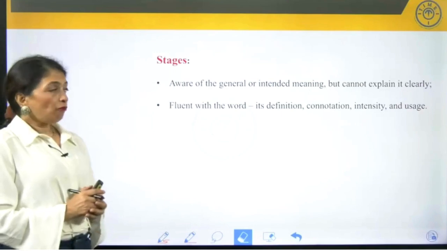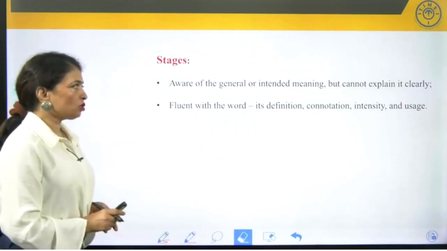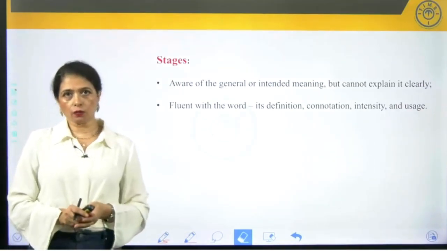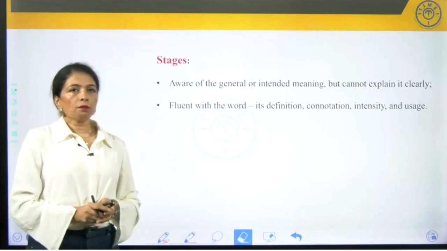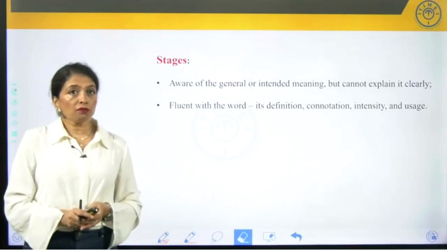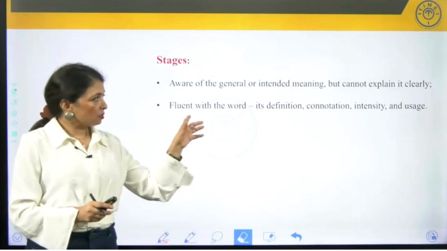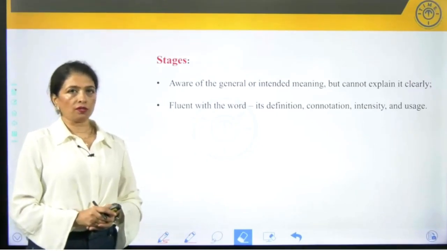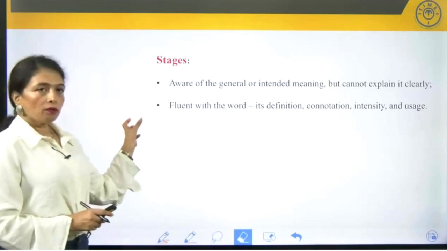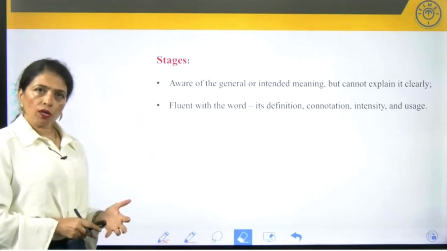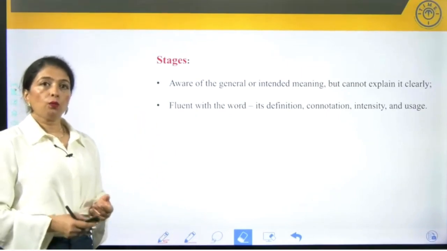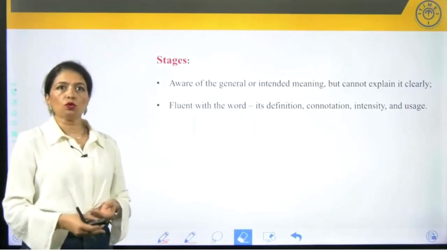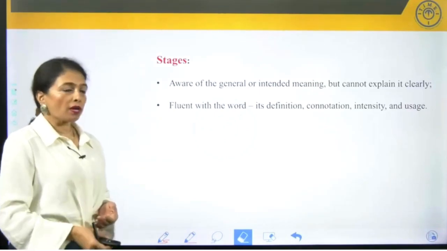And then you are fluent with the word, its definition, connotation, intensity, and usage. If you remember, in my previous video, I discussed this term, connotation, and of course, definition also. So, now we have a few words which we are very fluent with. We cannot just use those words, but we also can define them.